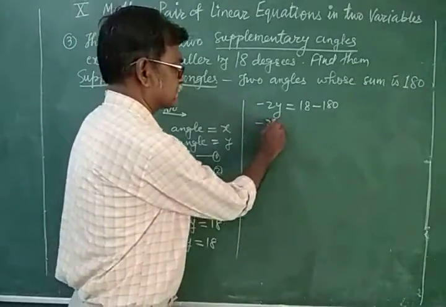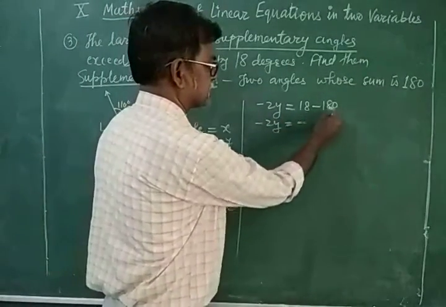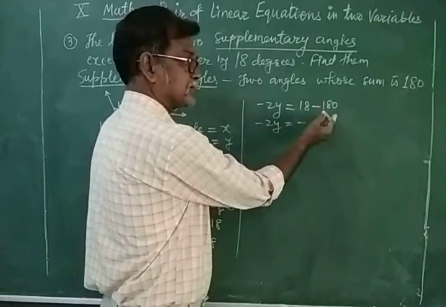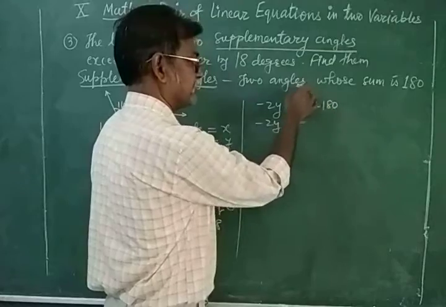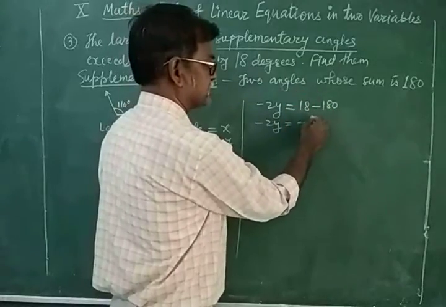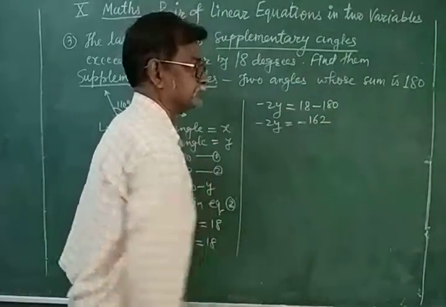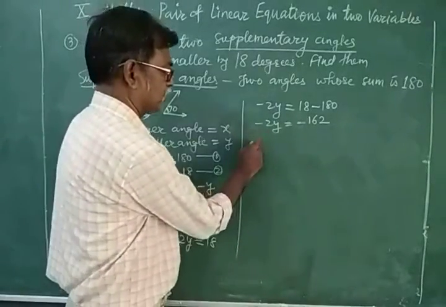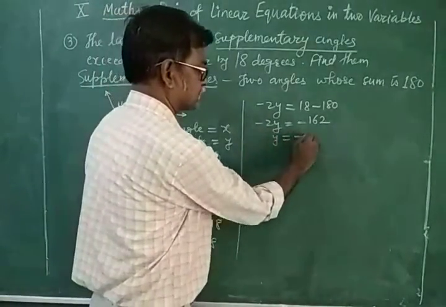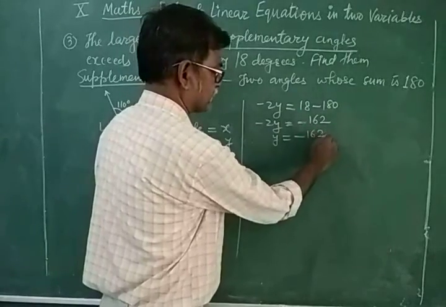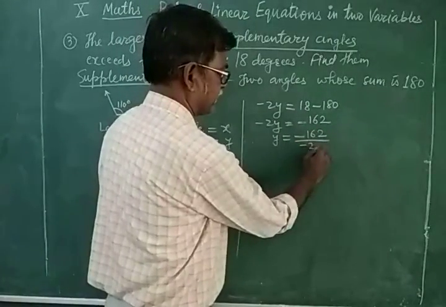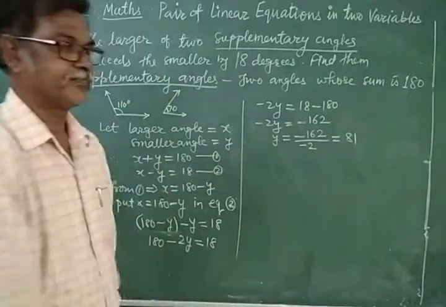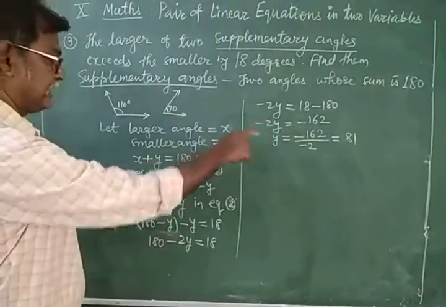So minus 2y is equal to minus, because smaller number minus larger number will be negative, and then 180 minus 18, so it is 162. Therefore, divide both sides by minus 2. So minus y is equal to minus 162 divided by minus 2, that is 81.